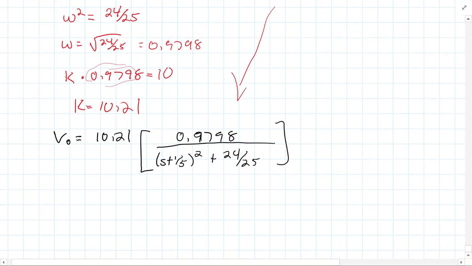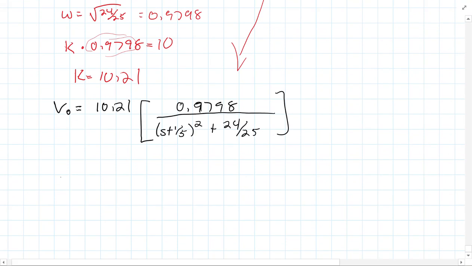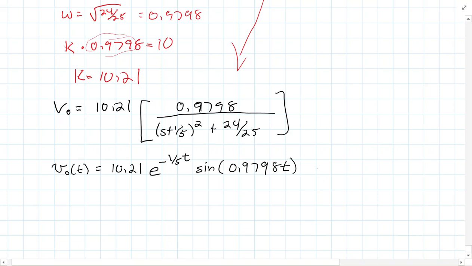And so then we get for V out at t to equal 10.21 times, I'm just going to not do the inverse Laplace transform here, e to the negative 1/5 t sine of 0.9798 t volts.